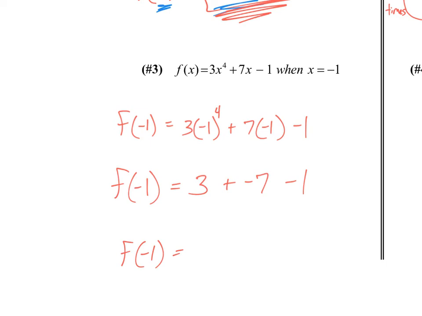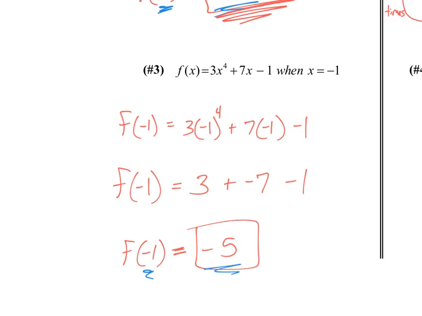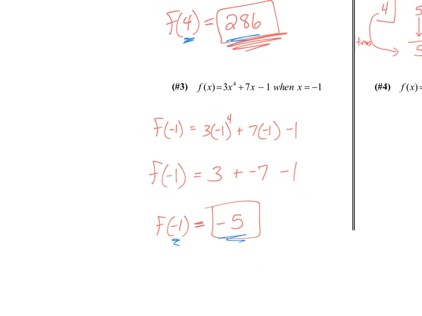So now we have 3 plus -7 minus 1, and we get -5. So when we put in -1, we got -5 by direct substitution. That's just plugging it in and finding out what you get.